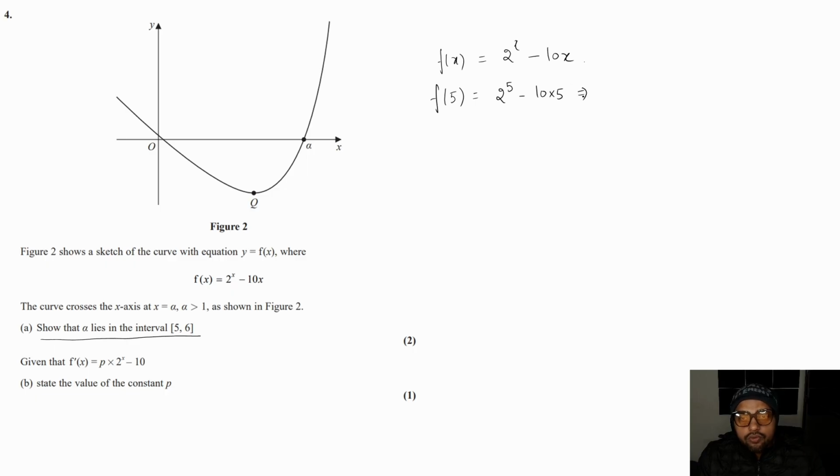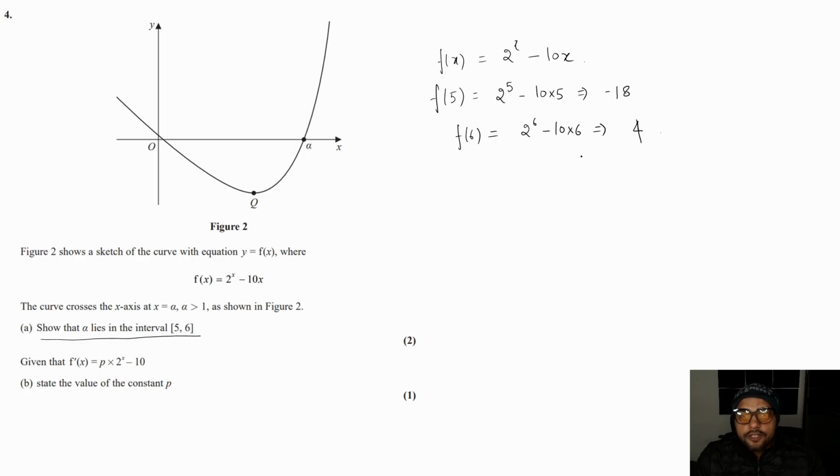So we'll get 32 negative 50, which is negative 18. Similarly for f(6), we'll get 2 raised to the power 6 negative of 10 cross 6, 60. Now 32 cross 2 is 64, negative 60, that equals 4.